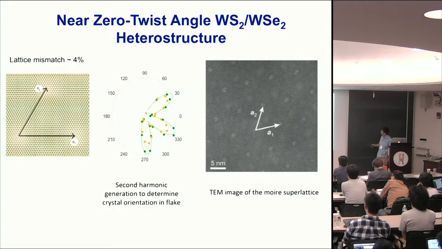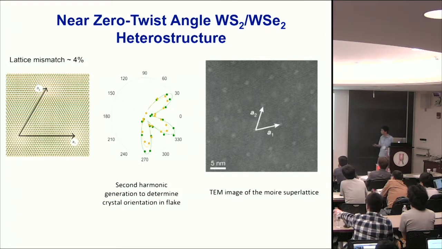By looking at where the second harmonic is being generated, we can determine the crystal lattice of this sample. As a result, we can determine, for example, in this case, the twist angle is within 0.5 degree for the WS2 and WSe2.